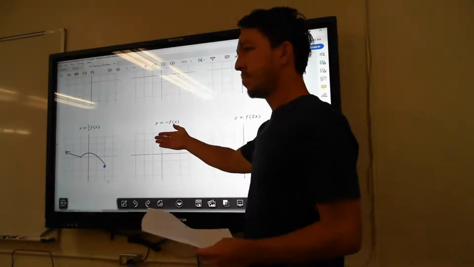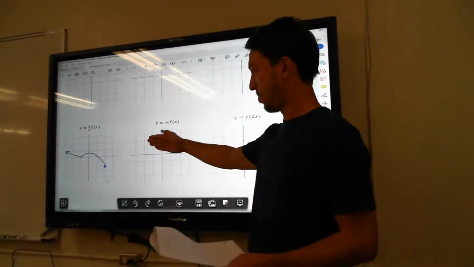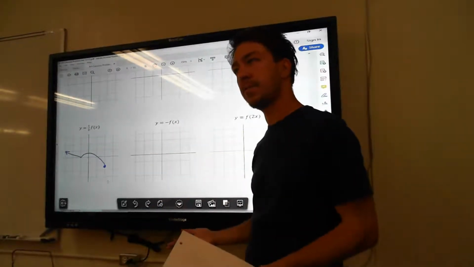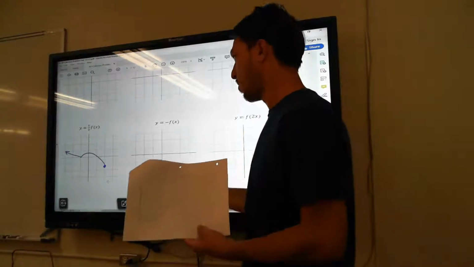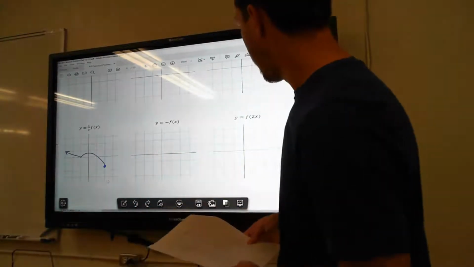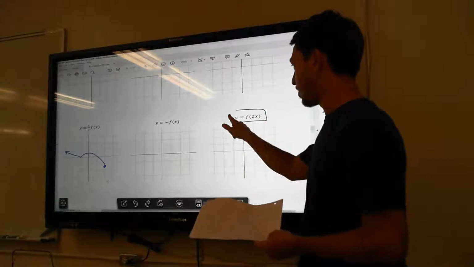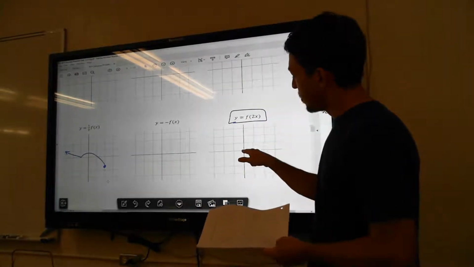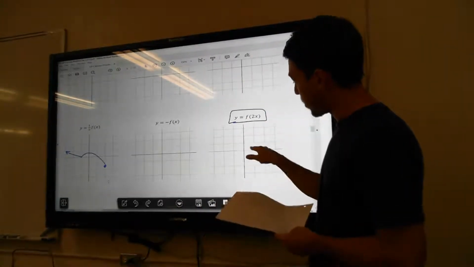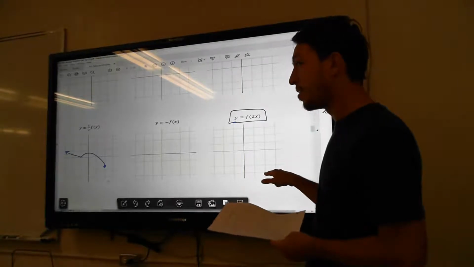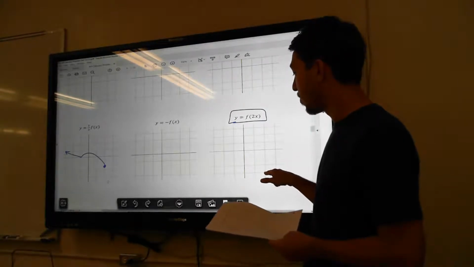What happens here? Reflects over the x-axis. Every point just multiply the y value by -1, and then lastly, this one we just talked about a few minutes ago. And so this point down here, instead of being at 2, -3, it's now at 2, 3.